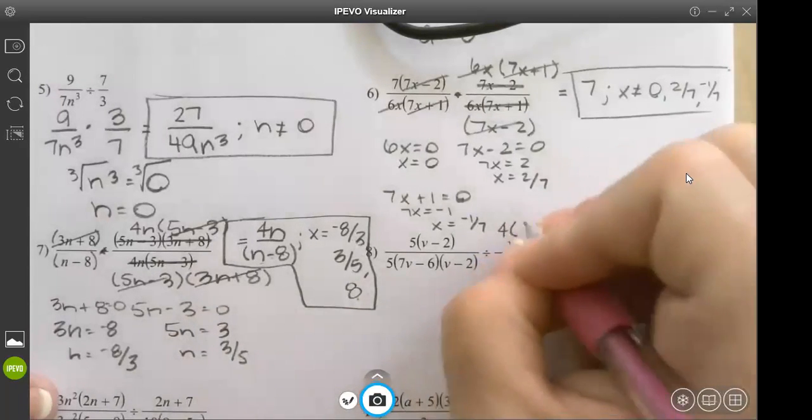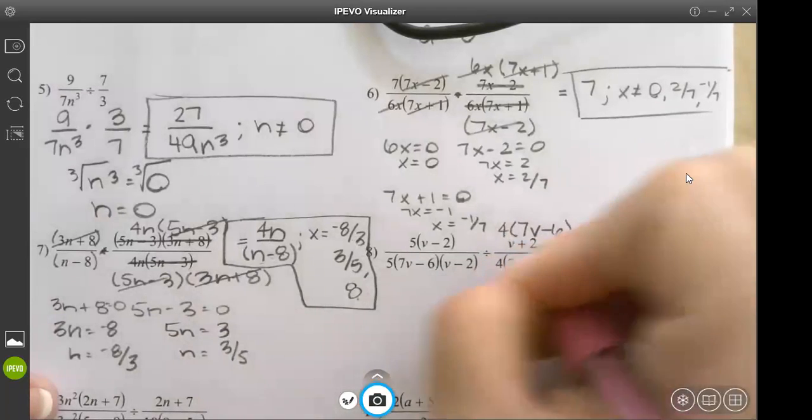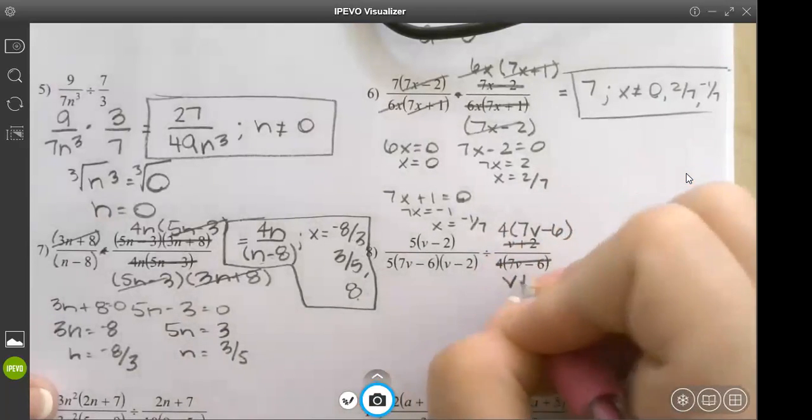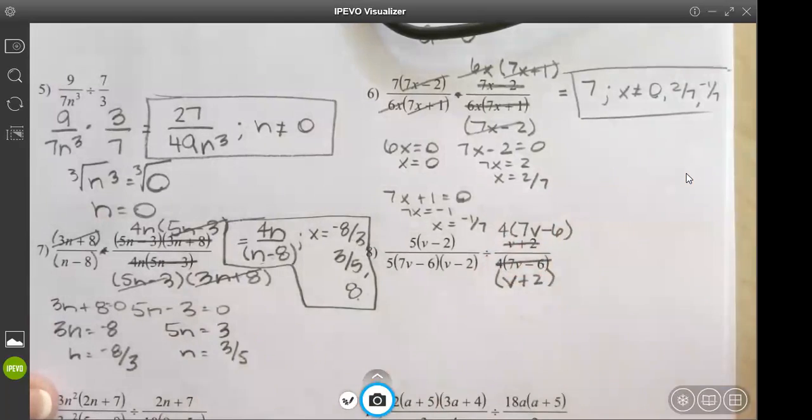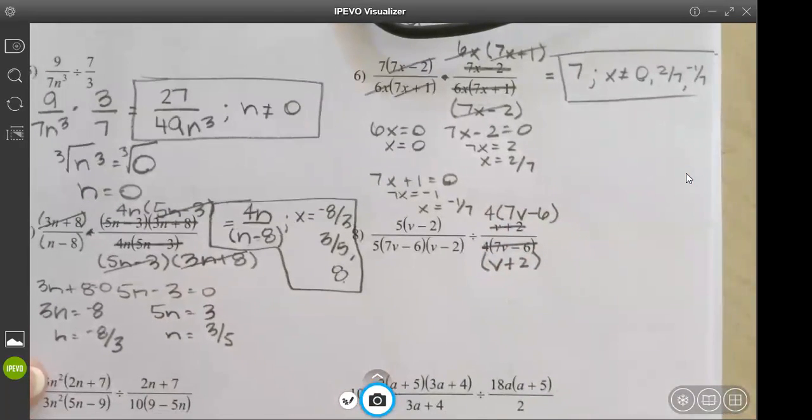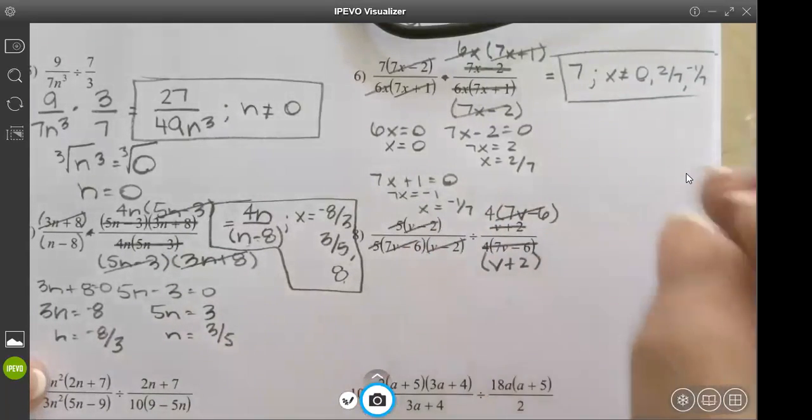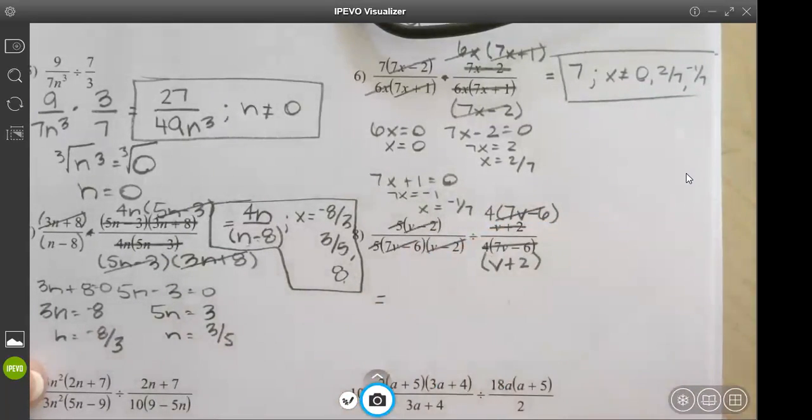We're going to flip the second one. What can I mark out? So what do I have left on top? 4.